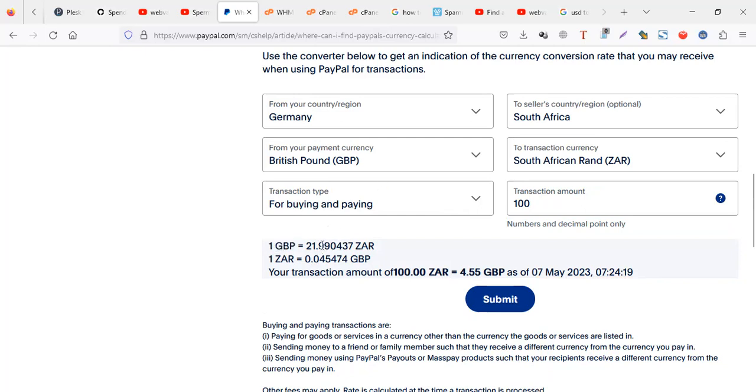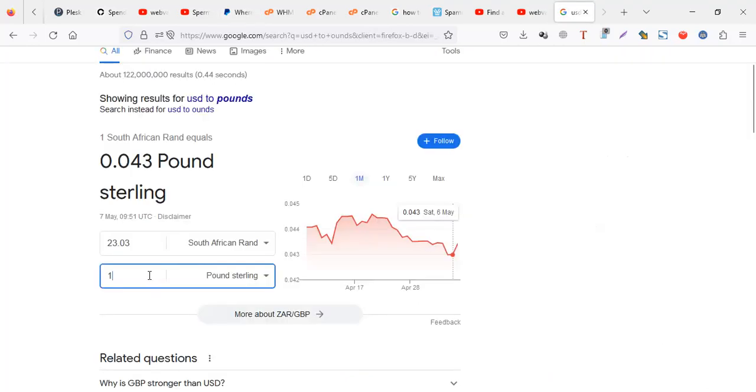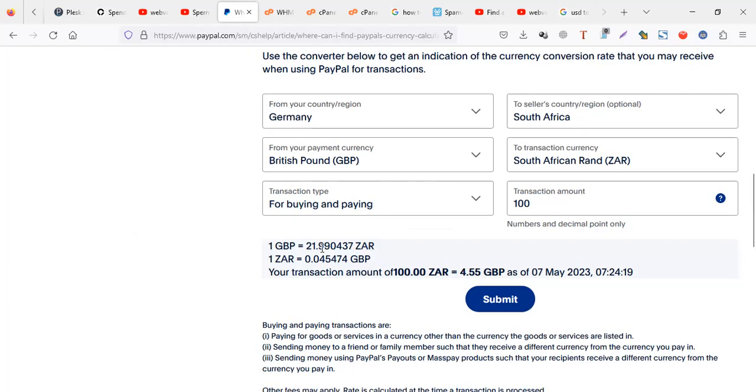If you compare it in your country, for example, when I check on Google, 1 British pound averages around 23.03. But PayPal is buying at the rate of 21.